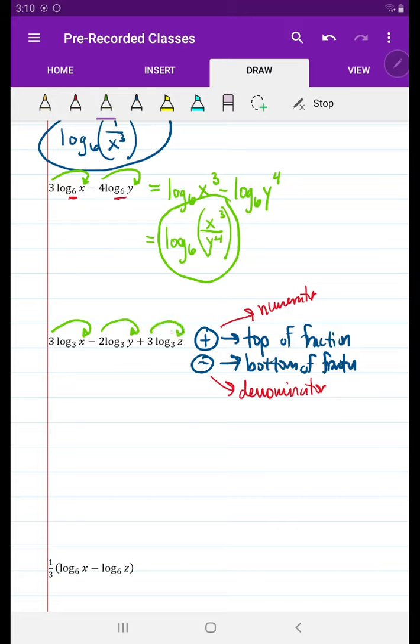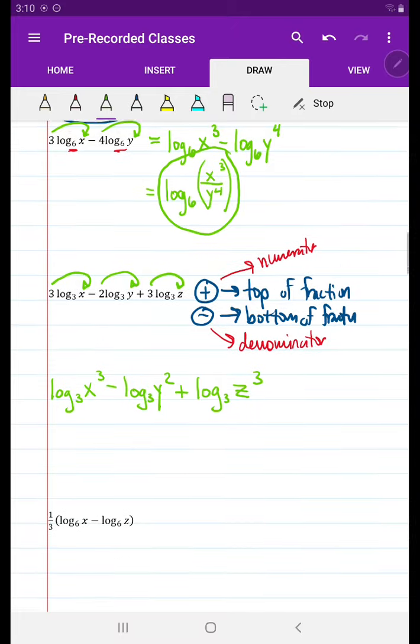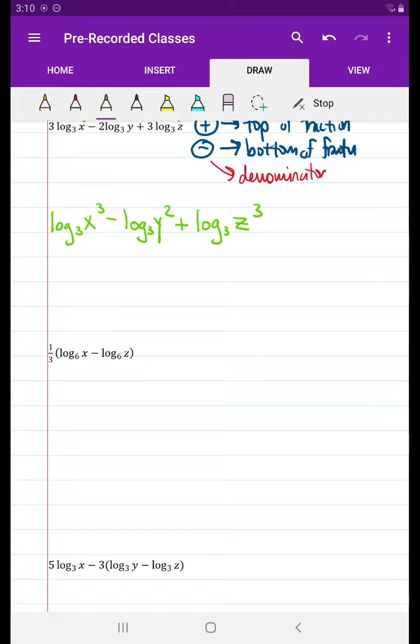So if I do just that step, I'm going to have, let's see, log base 3 of x cubed minus log base 3 of y squared plus log base 3 of z cubed. And so now I can go ahead and combine things so I get only just one log.